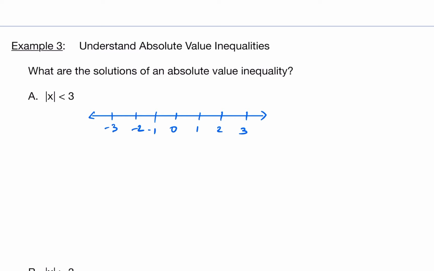So if we were to split this up, okay, we would say that x is going to be less than 3, okay, and x is going to be, well, let's see here.